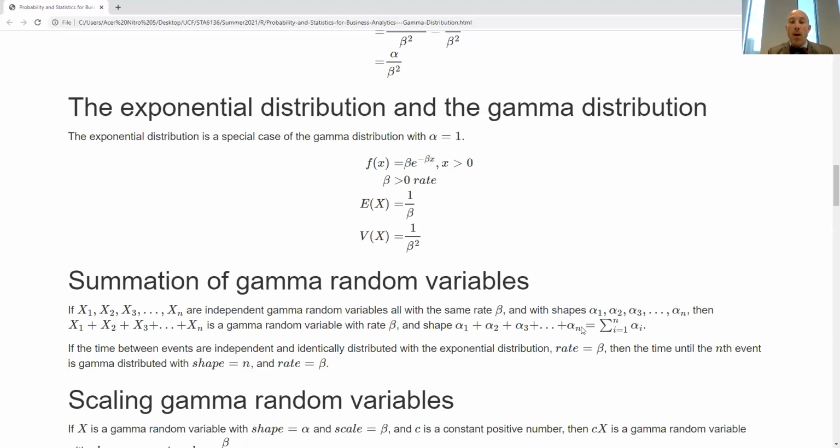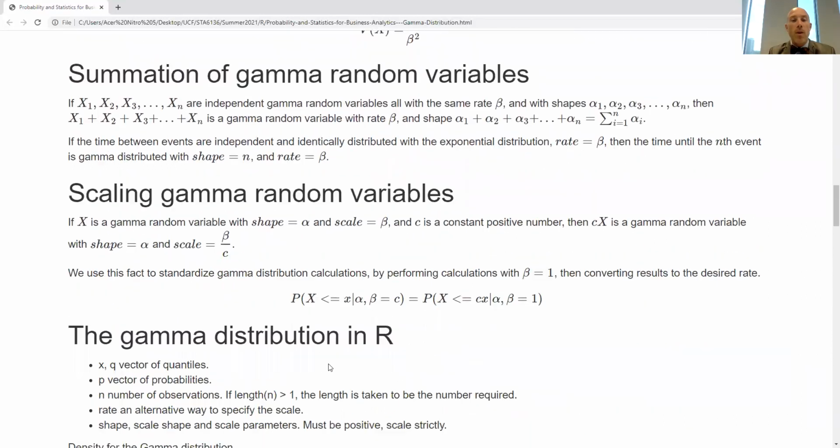Well, I use this formula here with each of the alphas equal to 1. I see that I'll just get an n. And so I know that if I want the time to the nth event for independent, identically distributed exponential random variables, then the sum of time is going to be a gamma random variable with shape n and rate beta.